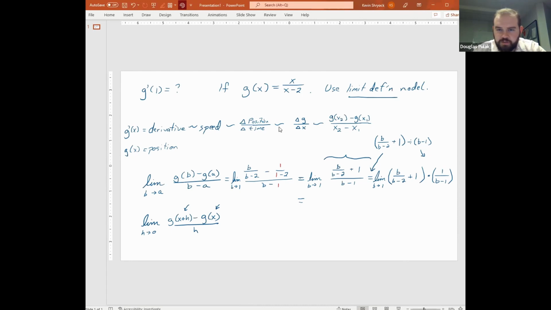You'd have to distribute that in, because the denominator is going to end up being 1. B minus 1 over B minus 1 is 1. Where do you see a B minus 1 on the top? I don't see a B minus 1 on the top anywhere. I do not.